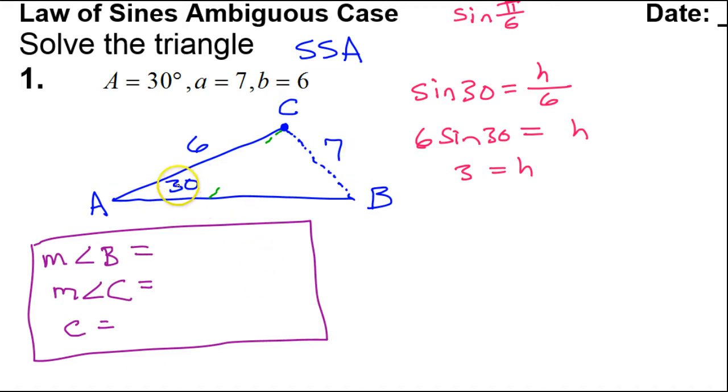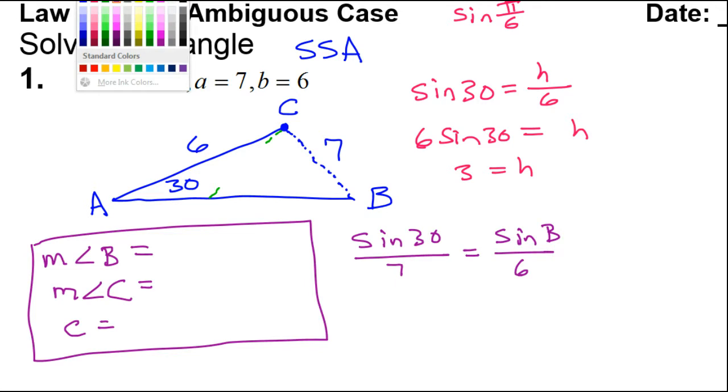We have an angle and its opposite side. So I can say sine of 30 over 7. And now I can find angle B by saying the sine of angle B over 6. I need to get this sine of B by itself.